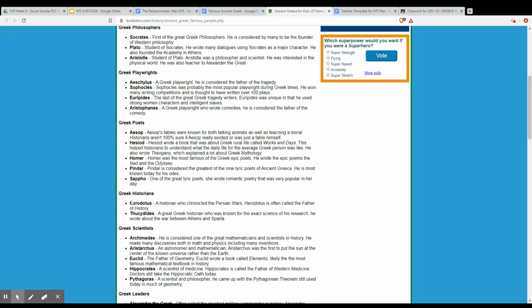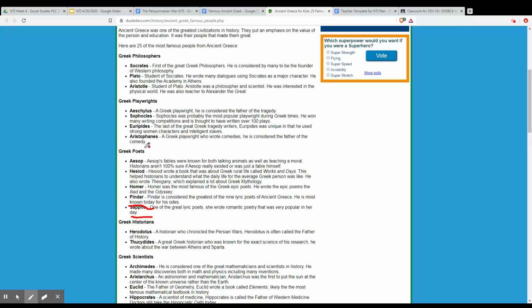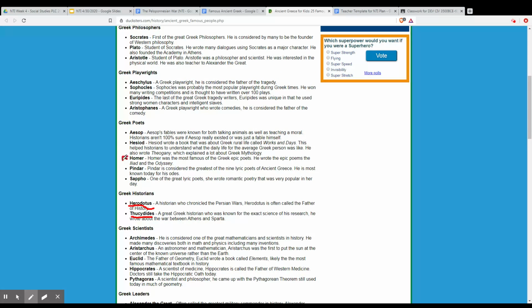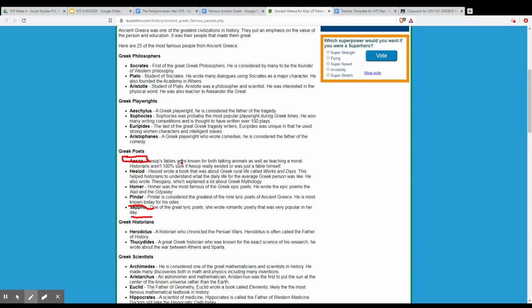So Herodotus, we talked about last week, being the father of history, and another guy, Thucydides, wrote history. Under Greek poets, there's Homer, so if you really like the Odyssey, then you might want to pick Homer and read about him. If you're into philosophy or thinkers, there's Socrates, Plato, Aristotle.